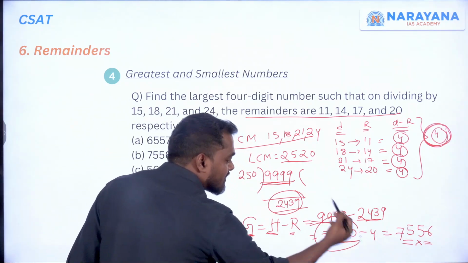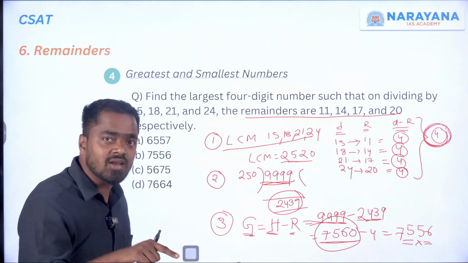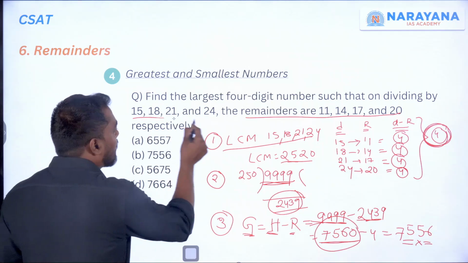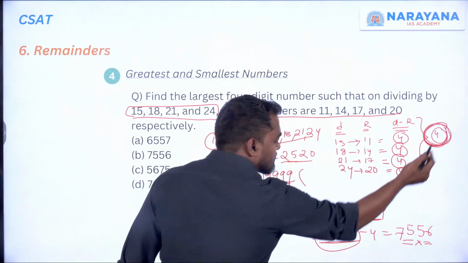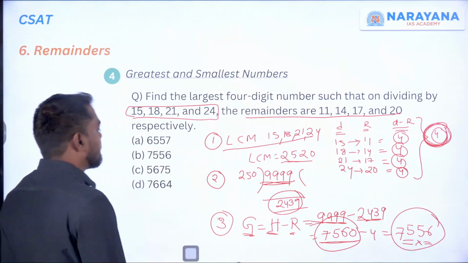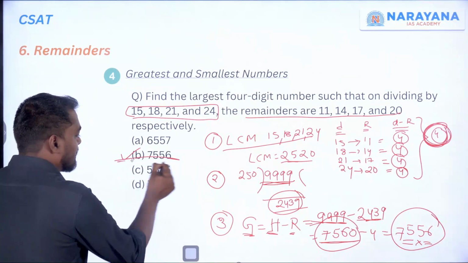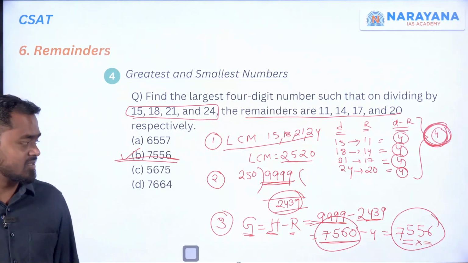You are getting 7560. What is the meaning of this 7560? That is perfectly divisible by all the given divisors. Now subtract this difference from this 7560. That is your answer, 7556, option B. So this is how you should solve this question.